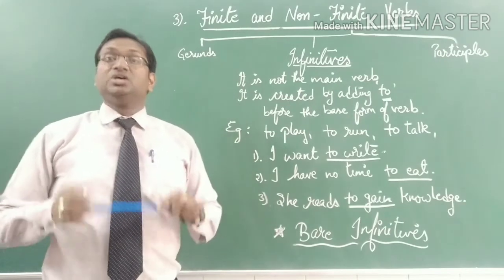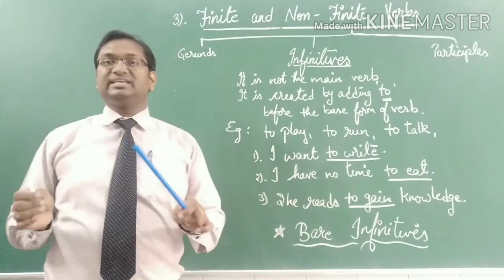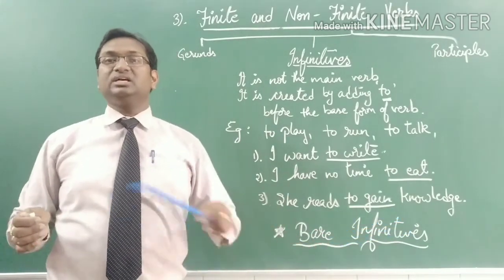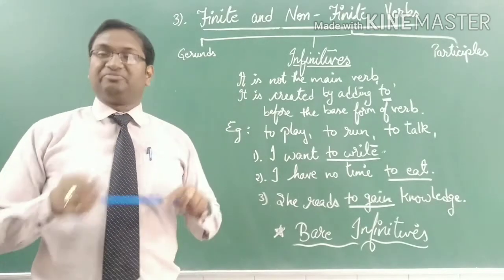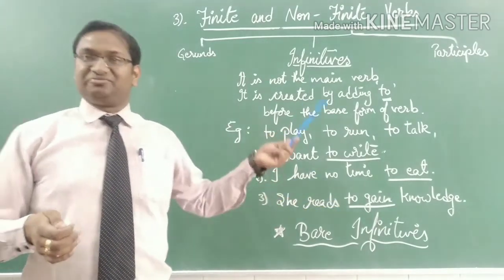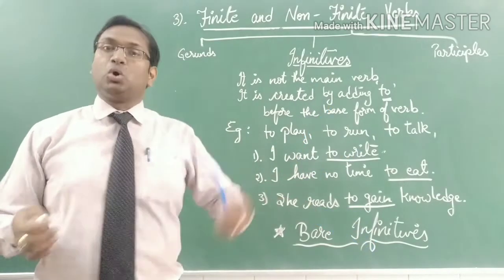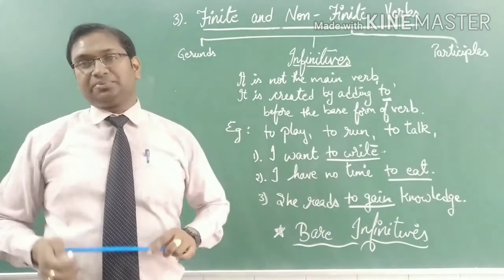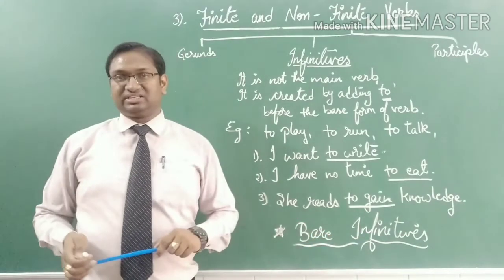Listen very carefully. She made me cry. I have not said she made me to cry. Now cry over here is the base form of verb. Before that, if I am going to use to, then it will change into infinitive. But bare infinitive, only cry is there without adding to. So these are your exceptional cases and these are also known as your bare infinitives.